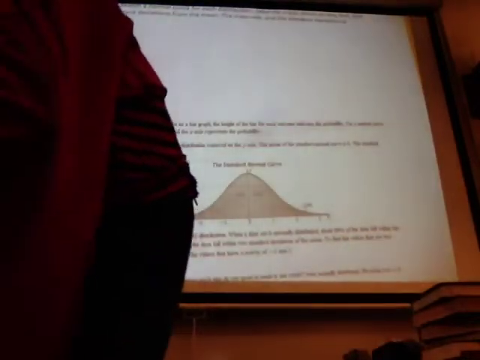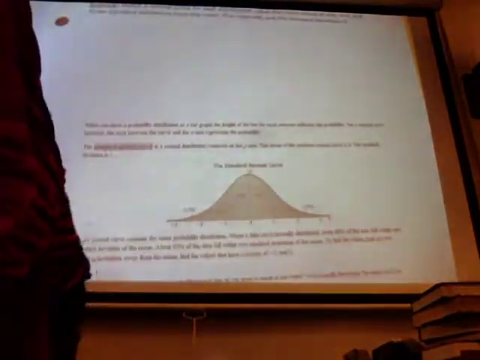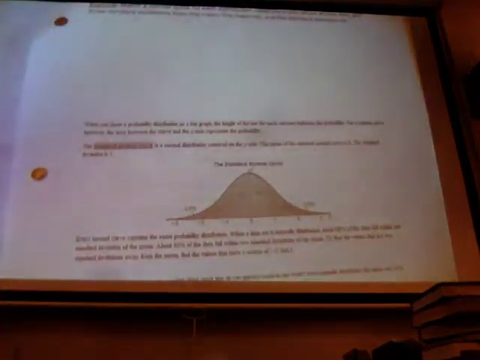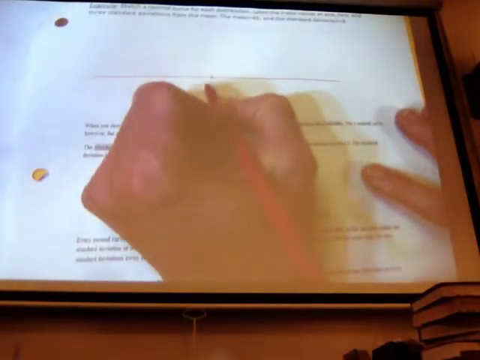Sketch a normal curve for each distribution. Label the x-axis values at 1, 2, and 3 deviations from the mean. The mean score is 45 and the standard deviation is 3. So I just draw a line here. And here I have 45 as my mean, so that's going to be the top of my bell.